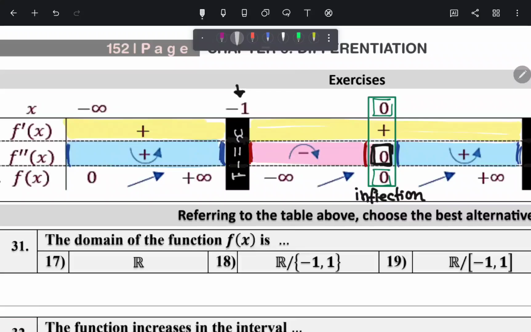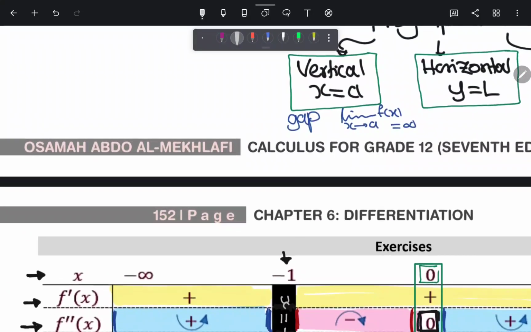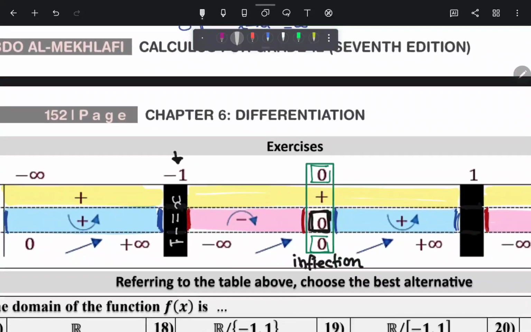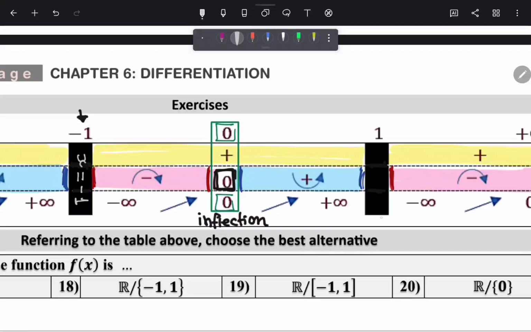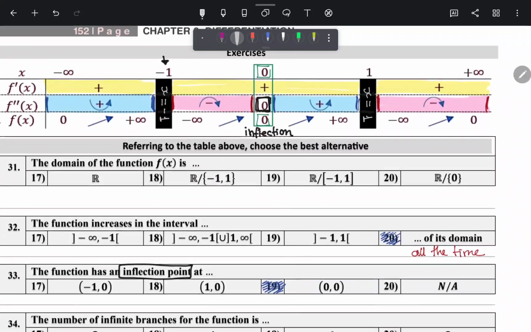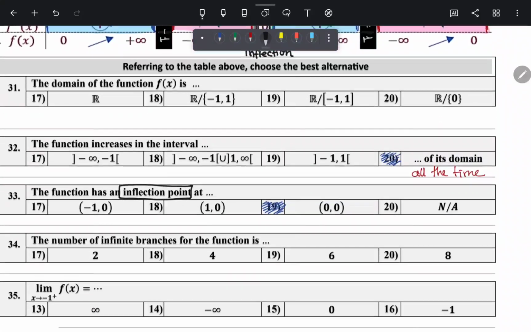That's the equation of the vertical asymptote, x is equal to a. I have another vertical asymptote also at 1. So the gap is good and the check is good. So we have a vertical asymptote at x is equal to 1. So we have two vertical asymptotes, x is equal to plus minus 1.